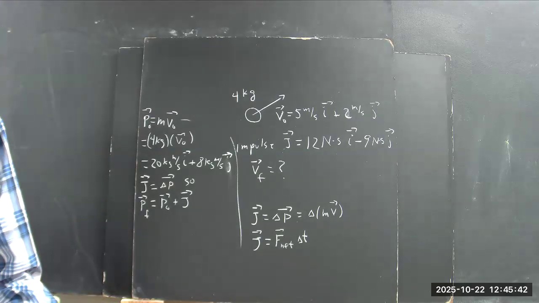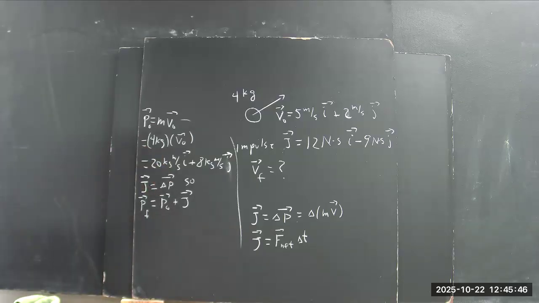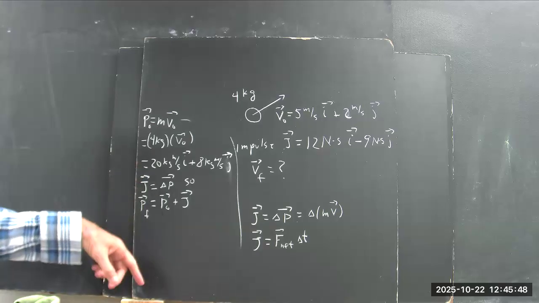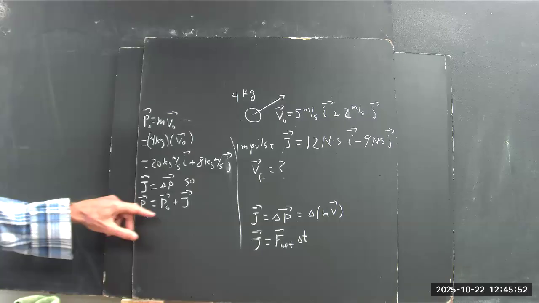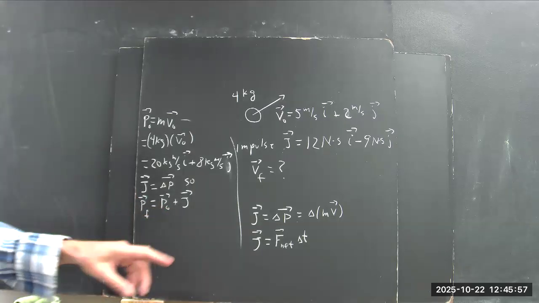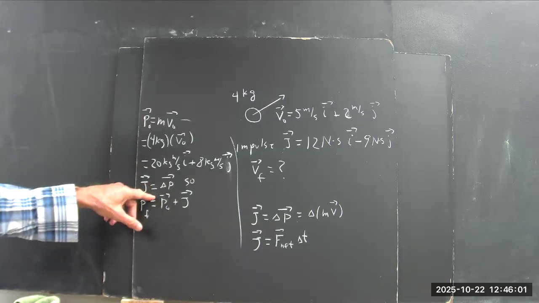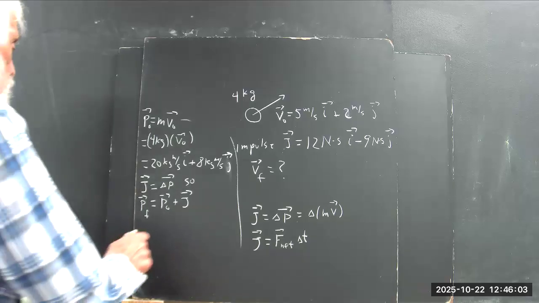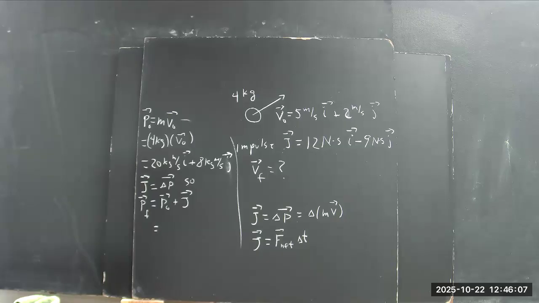Does that make sense? If J is your change in momentum, your change in momentum is your final momentum minus your initial, so the final is the initial plus the change, right? That's all it's saying. J is your change in momentum. Your impulse is your change in momentum. So we can just write the result.